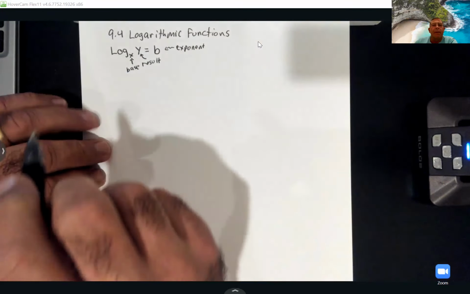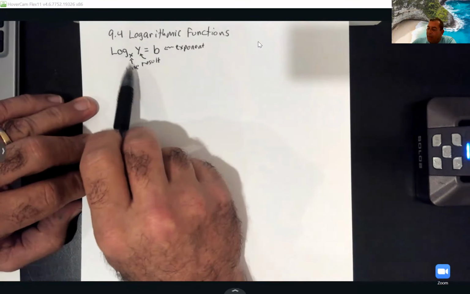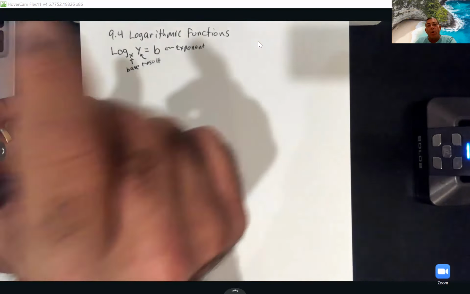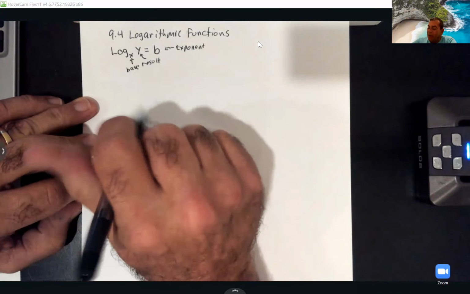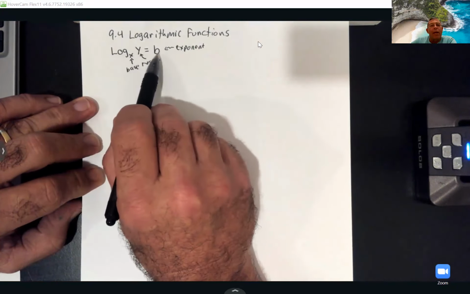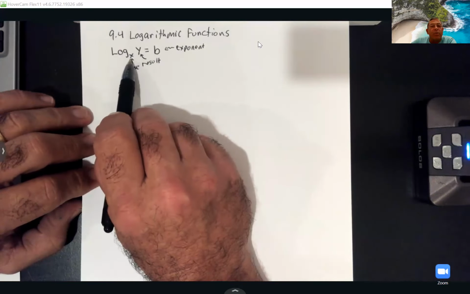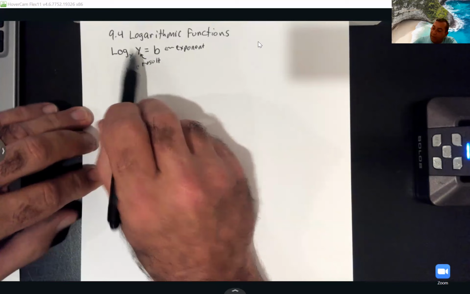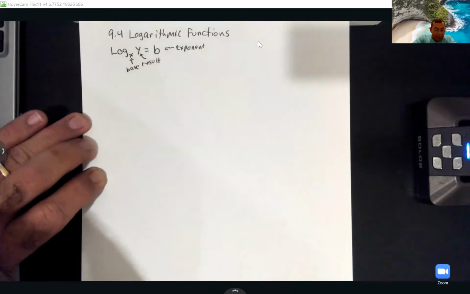Okay. So what this tells me, it takes the base. The base is the number being multiplied, and you have a result. So we look for the exponent that this base was raised to get that result. So I'll write that out for us.